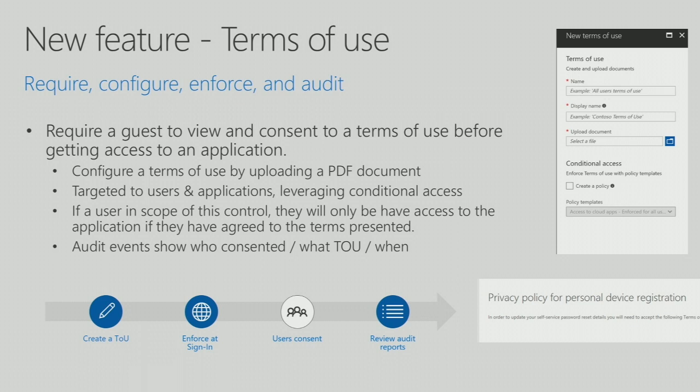The PDF then gets uploaded, and using the same conditional access framework that you use in a lab, when the user goes to sign in, they will be able to accept the terms of use, it gets recorded, and if they don't accept, they don't get access to the resources.